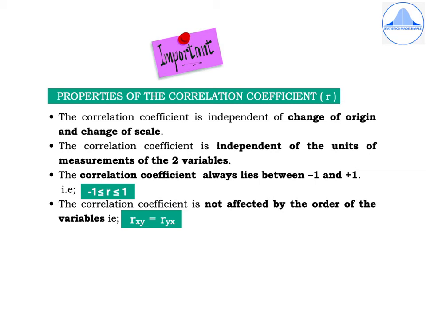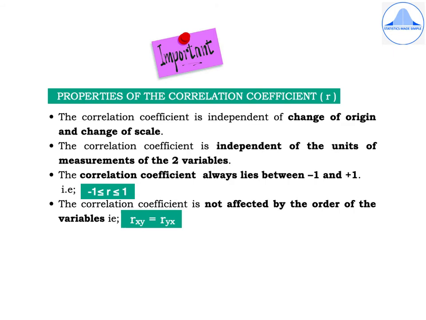The correlation coefficient is independent of the units of measurement of the two variables. For example, if x denotes heights in centimeters and y denotes weights in kgs, then the value of R is not expressed in any unit of measurement. That means it is independent of the units of measurements of the two variables.